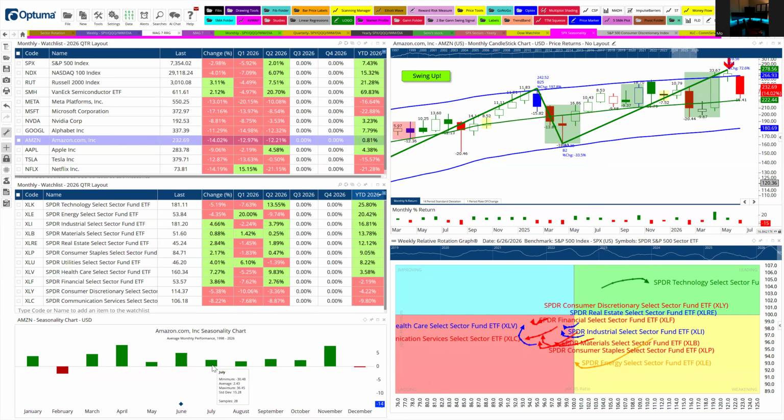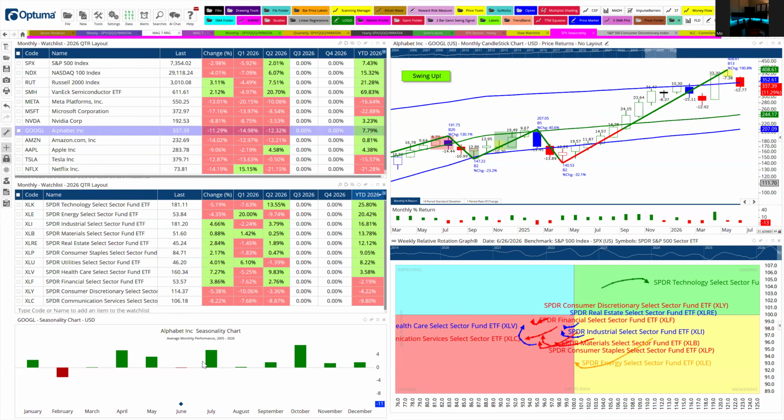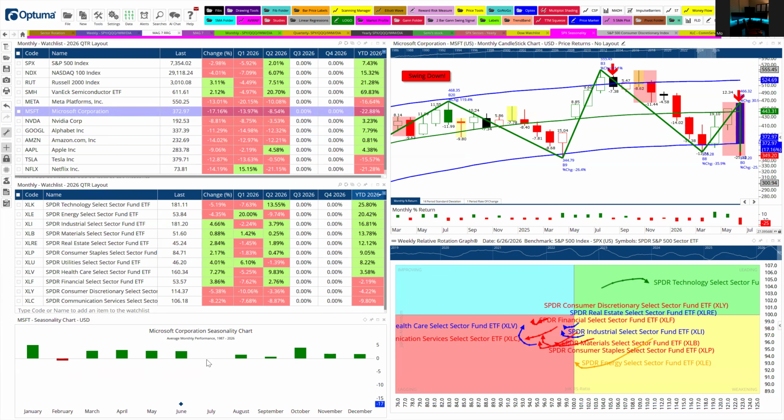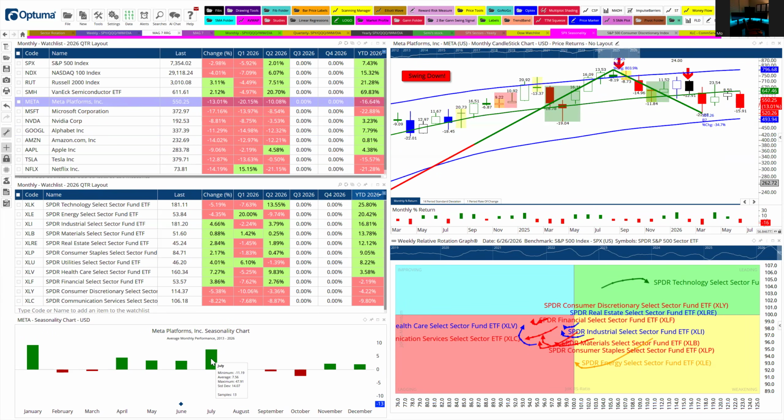This is the average performance of each month. You see? And then Meta.